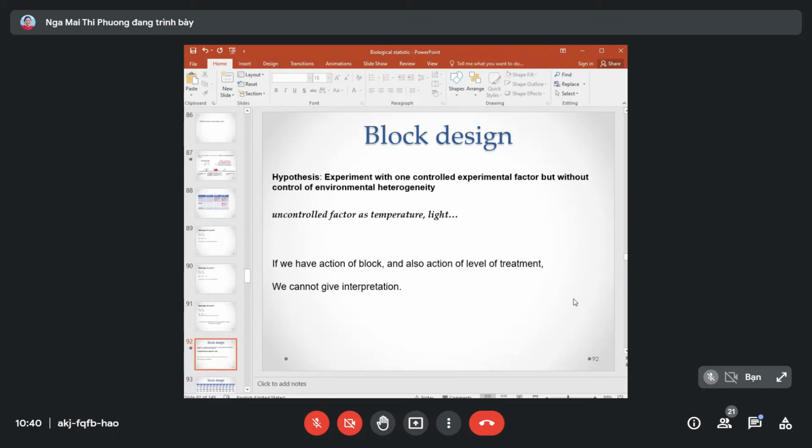In summer or in winter, if we don't control the rooms and experimental conditions well, we may have some environmental factors which are different. So we call this ANOVA with block design.